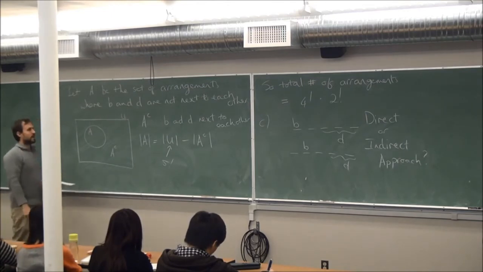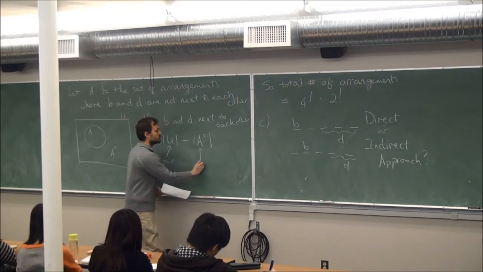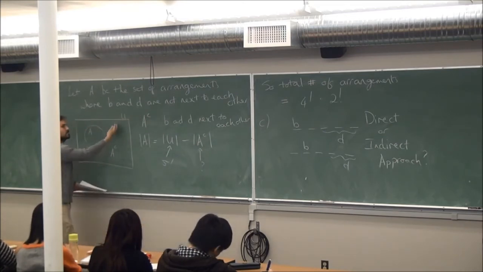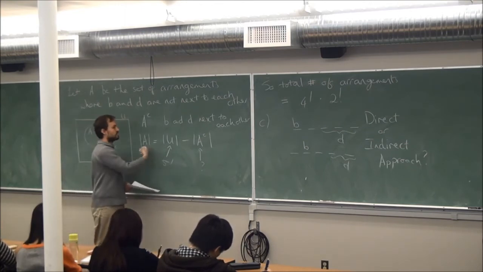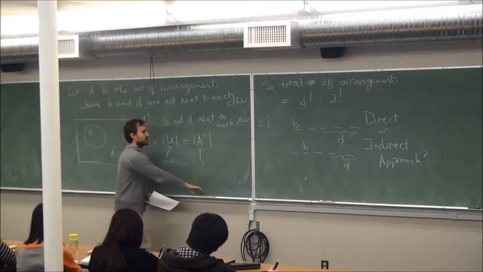Now I need to figure out, if I'm trying to use the indirect approach, what is this A complement? How many arrangements are outside here? And if I can find that, then I've calculated A indirectly.